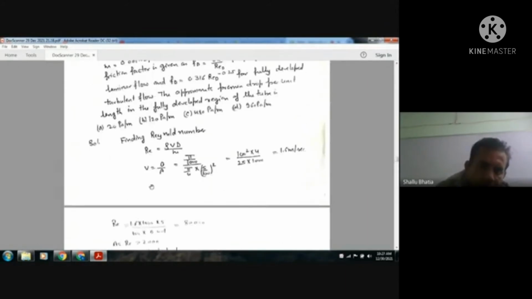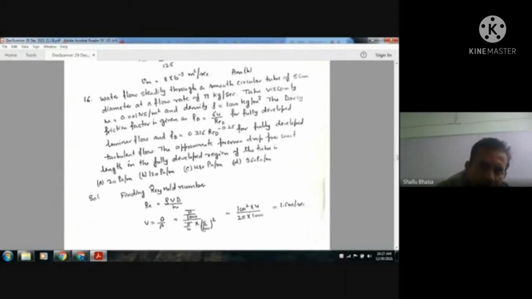Now for turbulent flow, the friction factor is this formula. So we can put the Re, and then we calculate Fd.